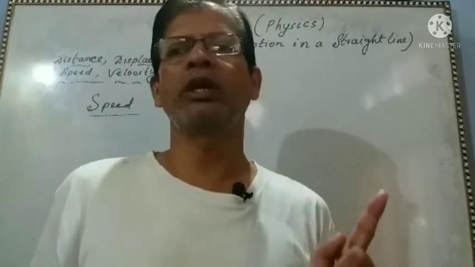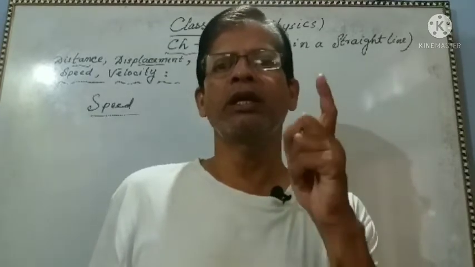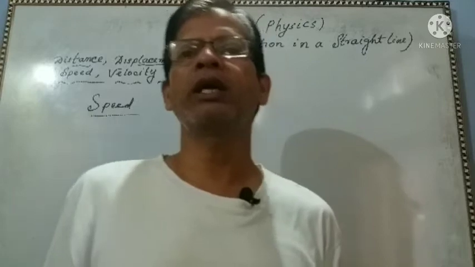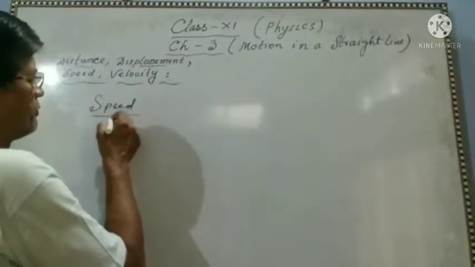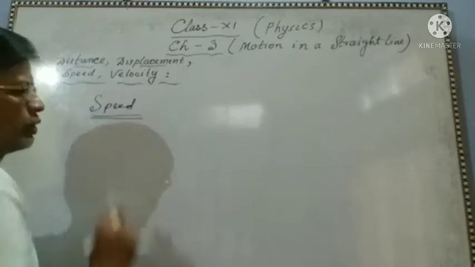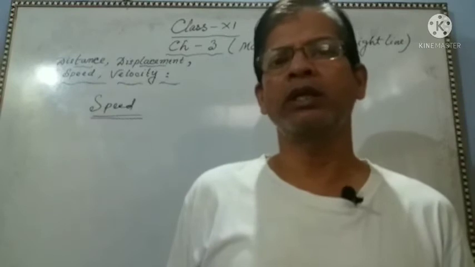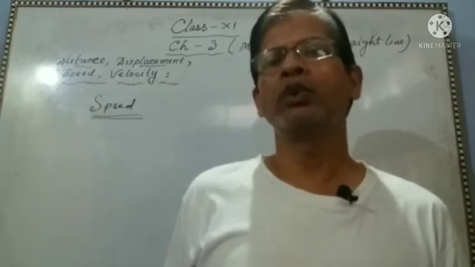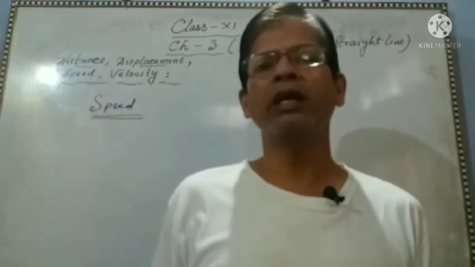You know this, everybody knows this. The distance traveled by an object in unit time is called the speed. There is no direction to express speed, so it is a scalar quantity.